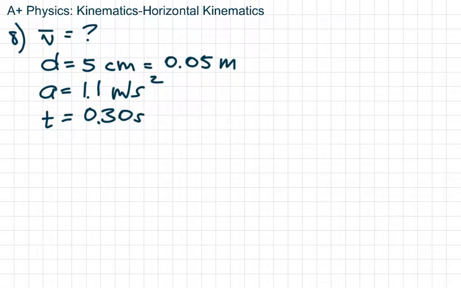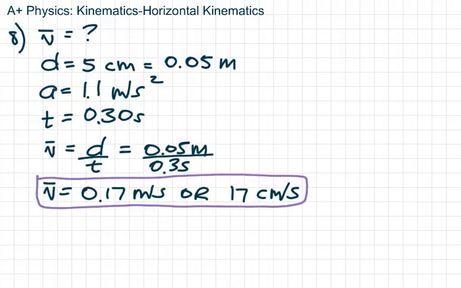We found the acceleration to be 1.1 meters per second squared, and from 0 to 0.3 seconds, the time is 0.3 seconds. So v equals d over t. And there we have it. We have the equation shown, we have the substitution with units, and we have the answer with units. You technically could have put it in centimeters per second, just don't put 17 meters per second, because it's not 17 meters per second, it's 0.17 meters per second.